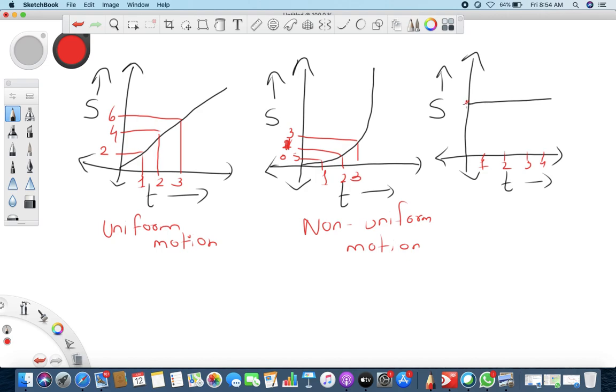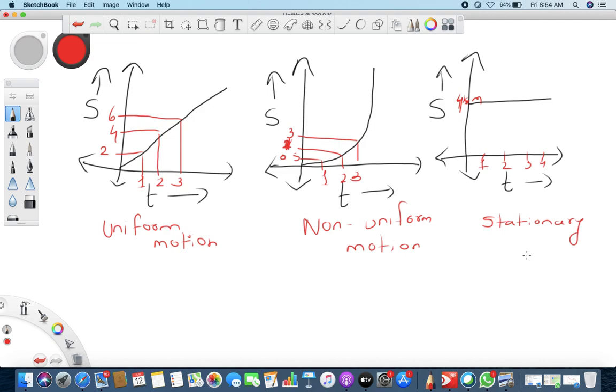Now in the third graph the time is increasing, but the object, let's say it is at 4 kilometer, stays there for 1 hour, 2 hour, 3 hour, 4 hour. Time is increasing, but the object is still there. What does that represent? The object is not moving, so it is stationary.